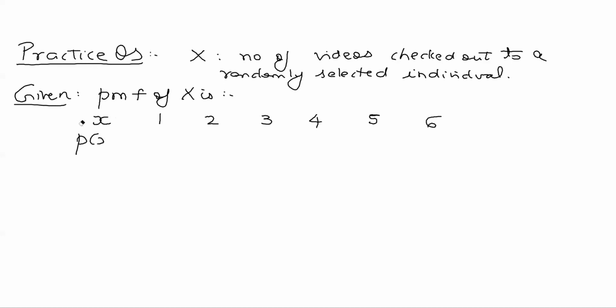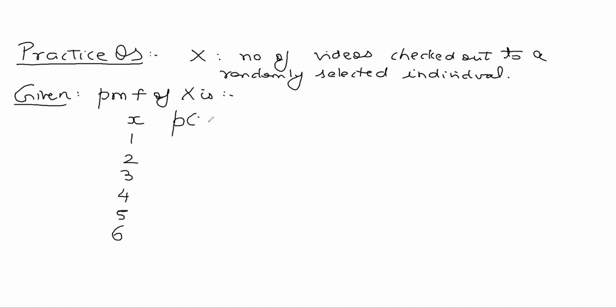Okay, let me not write it like this because we need to solve it here only. So let me write it like this in the vertical version. X is 1, 2, 3, 4, 5, and 6. And my P of X is 0.3, 0.25, 0.15, 0.05, 0.10, and 0.15.